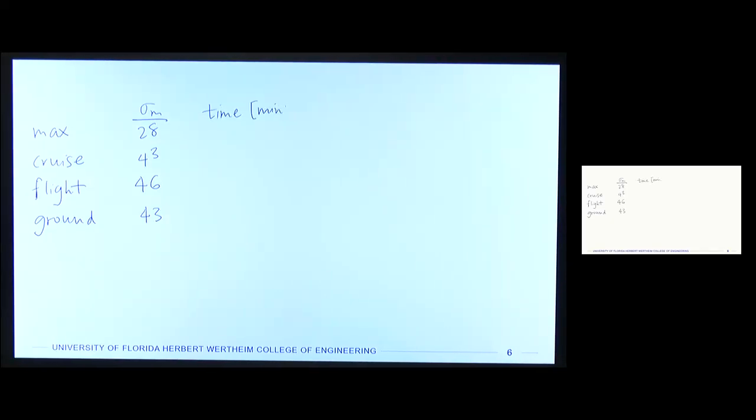For each of these, we had a time for a single mission cycle, which was 31 minutes, 12 minutes, 20 minutes, and 7 minutes. And so we could calculate a total time for 600 missions, which we just multiply 600 times each of those times. So we get 18,600 minutes, 7,200, 12,000, and 4,200.